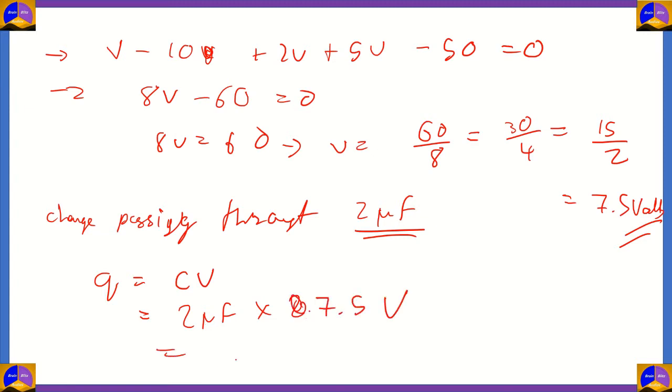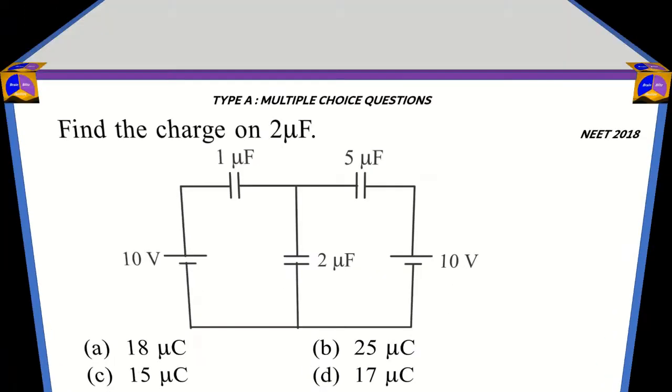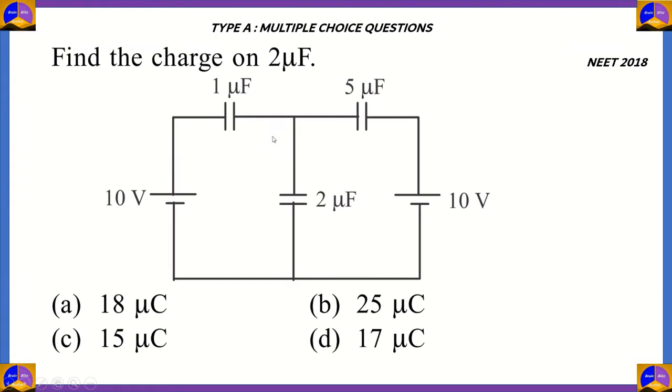So 2 times 7.5, that is 2 times 15 by 2, which is equal to 15 microcoulombs. So the correct answer is 15 microcoulombs. That is the total charge. If you look at our options, you can see that option C is the correct answer for this question asked in 2018.